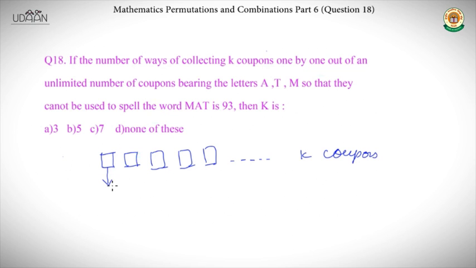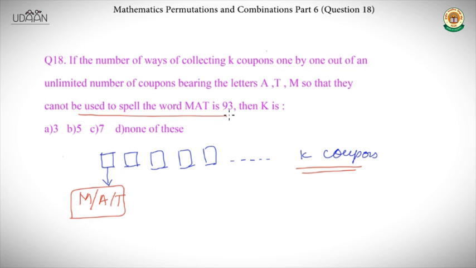Now each coupon has three possibilities. It can be an M, A, or T. But there is a constraint that when we draw these k coupons, we should not be able to spell MAT, and being not able to spell MAT means that we are short of any one of these, M, A, or T. Either I don't have M from these k coupons, or I don't have A, or I don't have T, or I don't have A or T both, or I don't have A or M both.